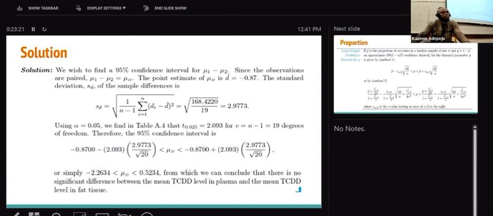Do you know the idea of the confidence interval can be used in hypothesis testing? I'm going to say that again. The idea of confidence interval can be used in hypothesis testing. How? Look at the range of values that we got. We got from negative to positive, right? If your lower endpoint is negative and your upper endpoint is positive, what can you see in the interval? There can be 0 in the interval, right?